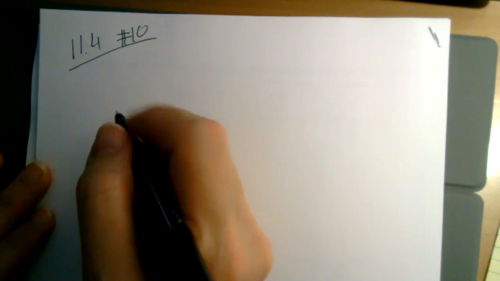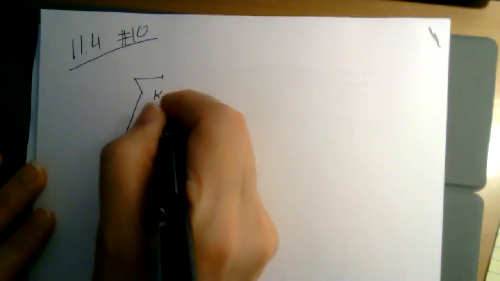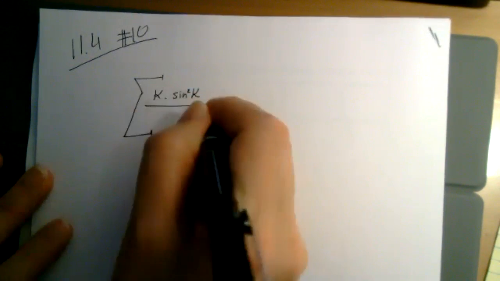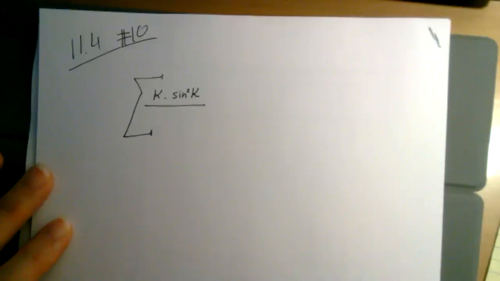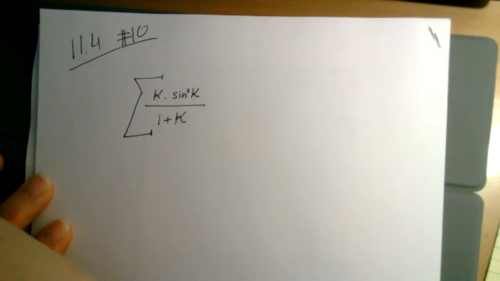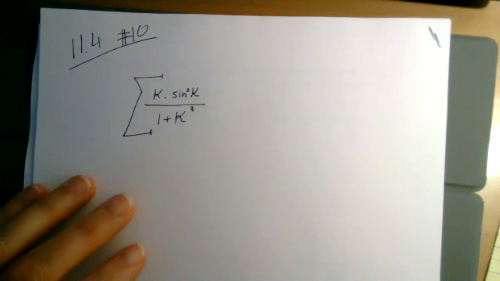Okay. Number 10 was the sum over k of k times sine squared of k, over 1 plus k, to the power 3. Very good. So this is a series with positive terms.